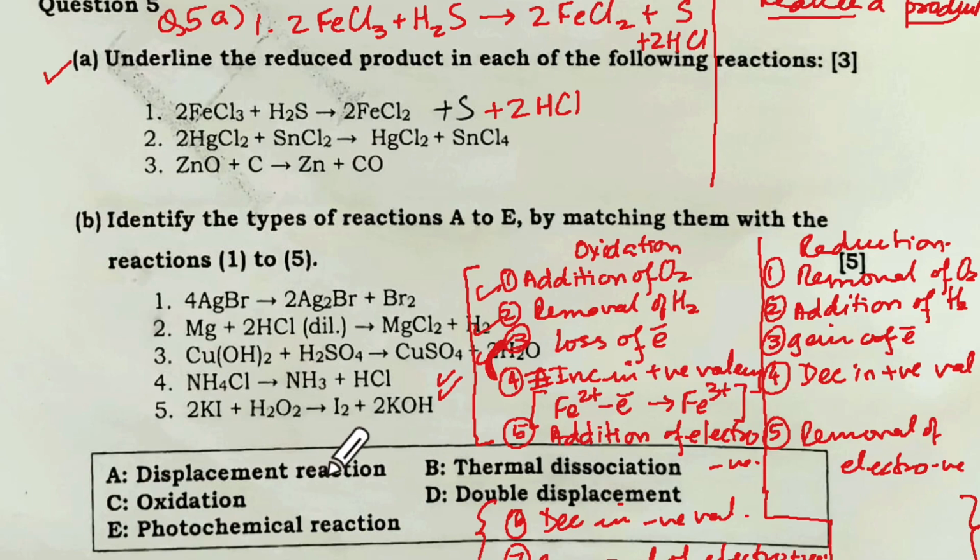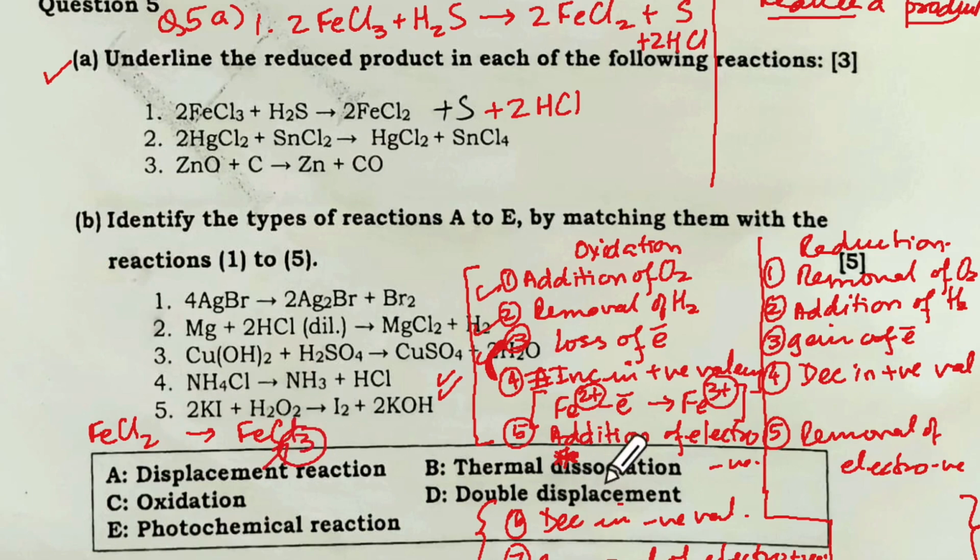Now if it is Fe2+ becoming Fe3+, FeCl2, listen very carefully, I'll just put one asterisk and write over here, FeCl2 will become FeCl3. Can you see that? Fe2+ becomes Fe3+. That means FeCl2 became FeCl3, so what has got added?